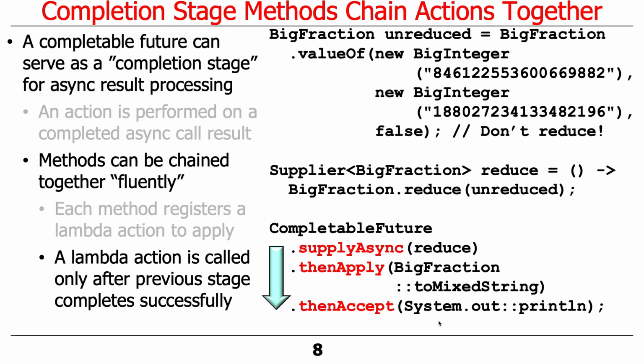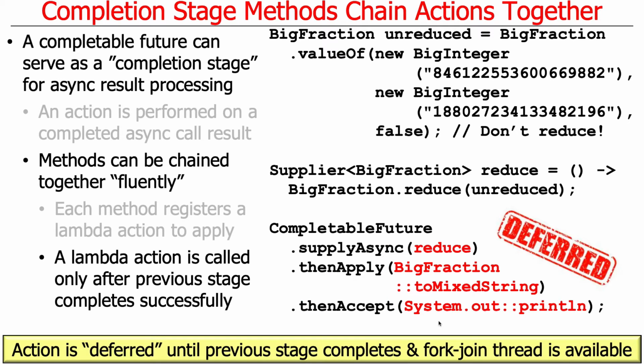That's kind of the way to think about that. So you can basically see these as deferred computations that are registered with the framework to be called back when, in this case, a previous stage completes. And there's a fork join pool ready and able to process the results.